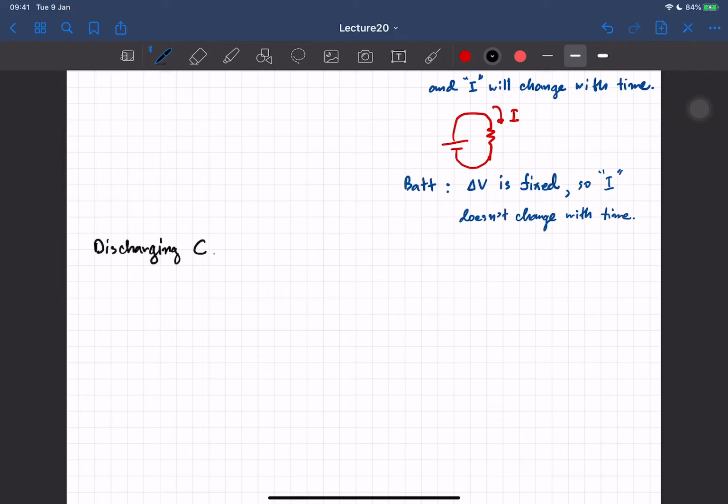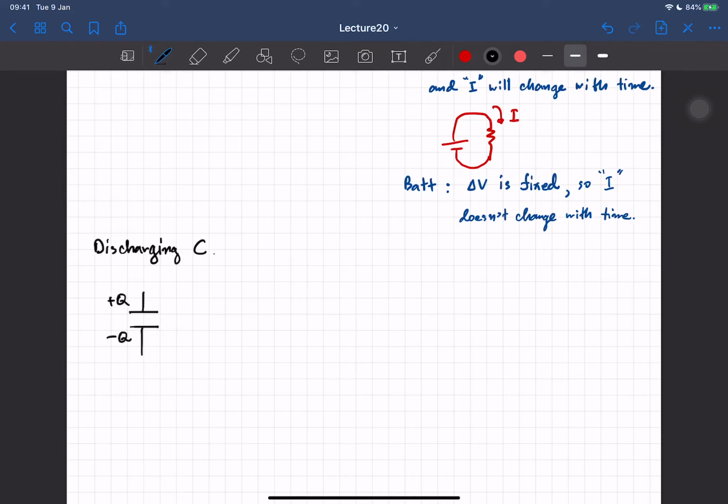So let's set up the problem like this. So we have a capacitor, charged. How do we charge it? We don't care. Someone charges this capacitor up so that it has charge Q, plus Q on one side and minus Q on the other side.